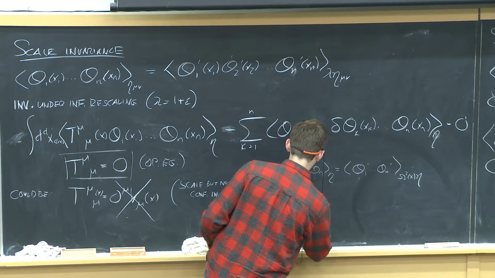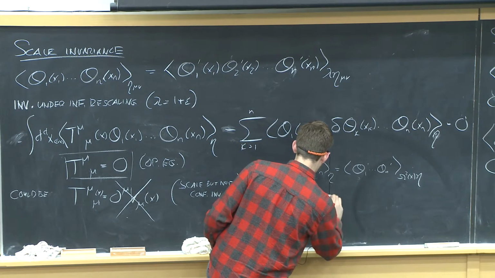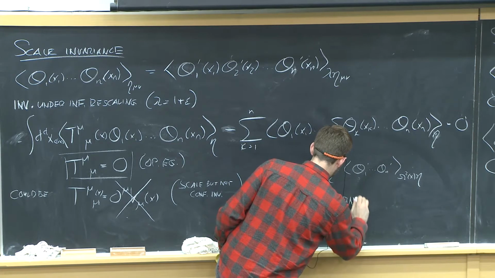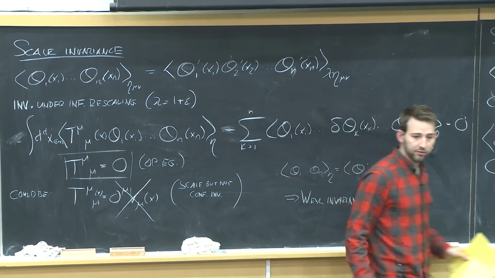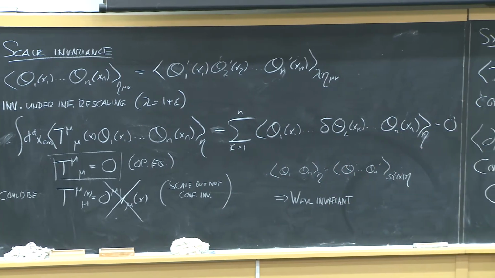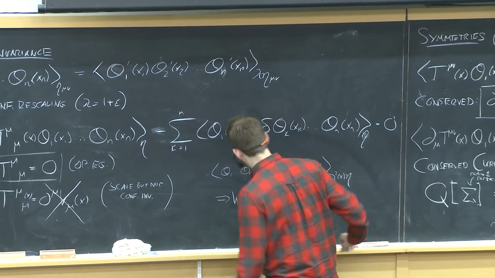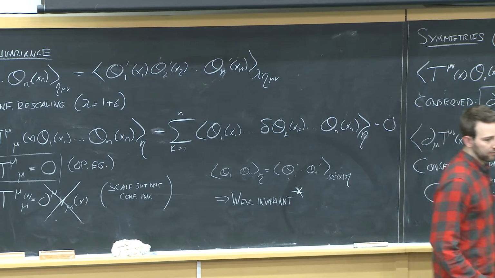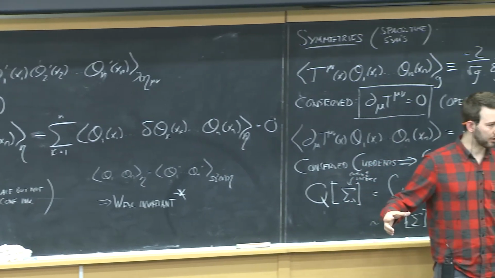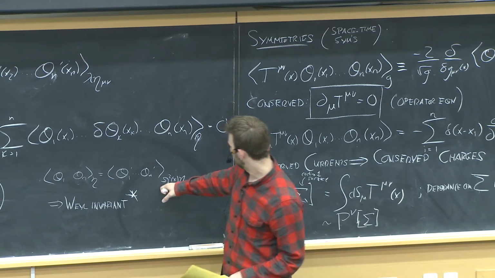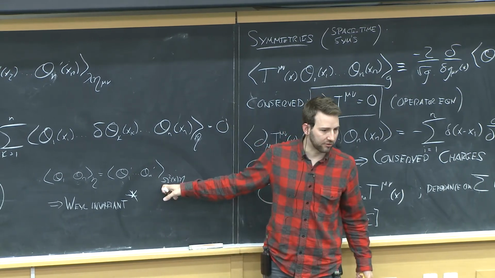So a theory that has this traceless stress tensor is actually Weyl invariant, Weyl rescalings being changes of the metric by an overall scalar factor that depends on position like this.